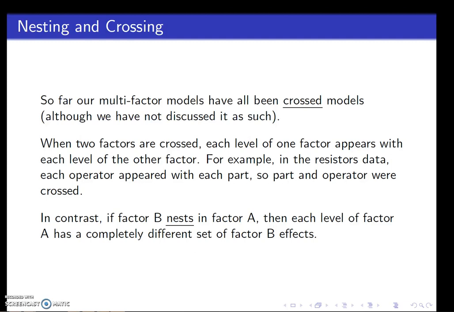We're going to see cases starting now where this nesting is more appropriate than crossing. You may be wondering, why haven't we talked about nested factors yet? It hasn't been a really important thing to bring up until now because the nested factor like B here, which nests in factor A, is almost always random. I can't think off the top of my head and come up with something right now, but I think B could be fixed. But most of the time, B is going to be random.